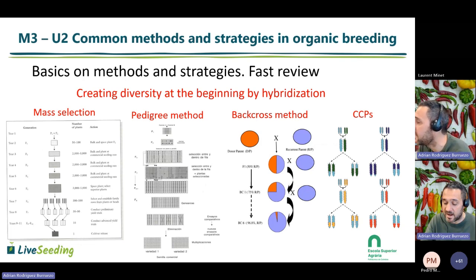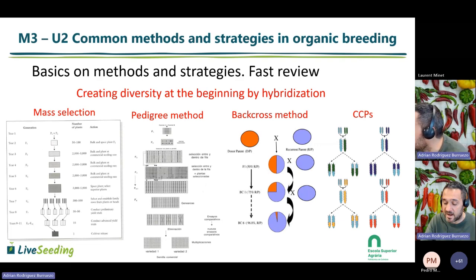Then first I hybridize between the donor parent in orange and the recurrent parent, the one whose genetic background I'm interested in recovering. Then I have the hybrid, the F1, which should have half of both genomes, including the trait or genes that are of interest from the donor parent, and half of the background I want to recover, which is the recurrent parent.